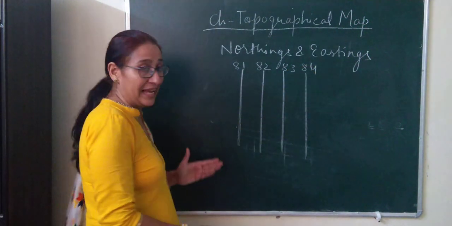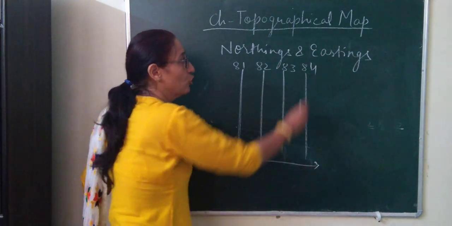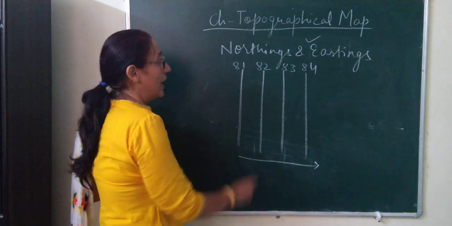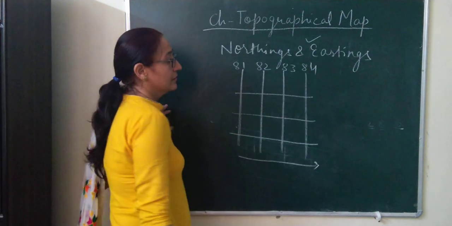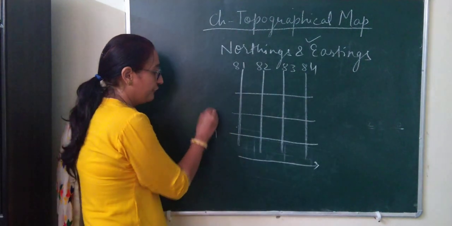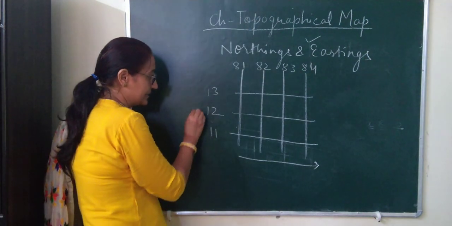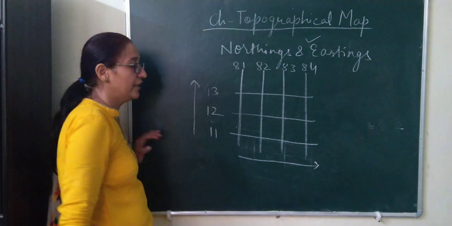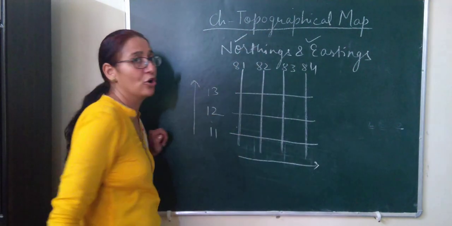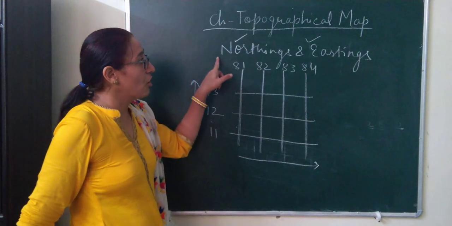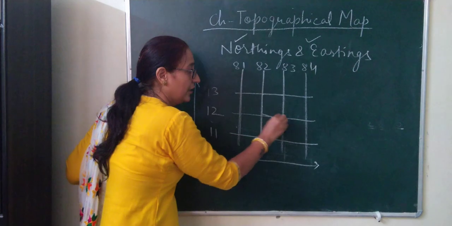So the lines indicated with different numbers increasing toward east are called eastings, and horizontal sloping lines indicated with different numbers like 11, 12, 13. And the lines indicated with different numbers increasing toward north are called northings. So the network of northings and eastings gives us a grid.